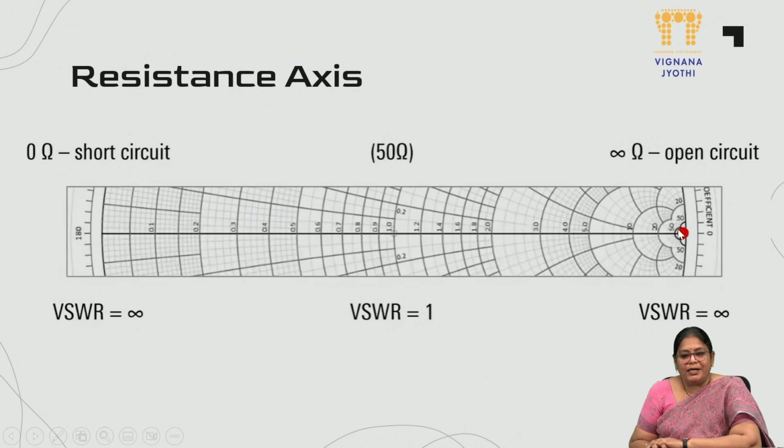The extreme value on the right side of the resistance axis corresponds to your open circuit, which is infinity ohms, or you can say VSWR is equal to infinity. If I extend towards the left hand extreme, this corresponds to 0 ohm, which indicates a short circuit, or VSWR equal to infinity.